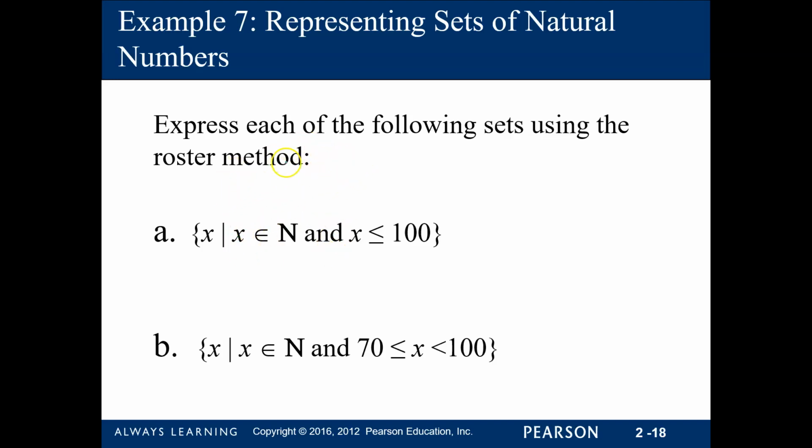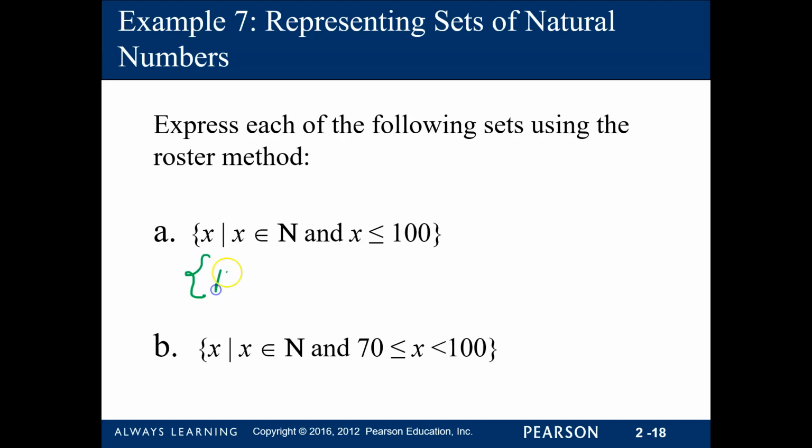So let's take a look at this one. Express the following using the roster method. So we have the elements x such that x is a natural number and x is less than or equal to 100. Okay, so our set will include, now remember, the order does not matter. Since it was mentioned here that x is less than or equal to 100, 100 will be included because of the equal to.